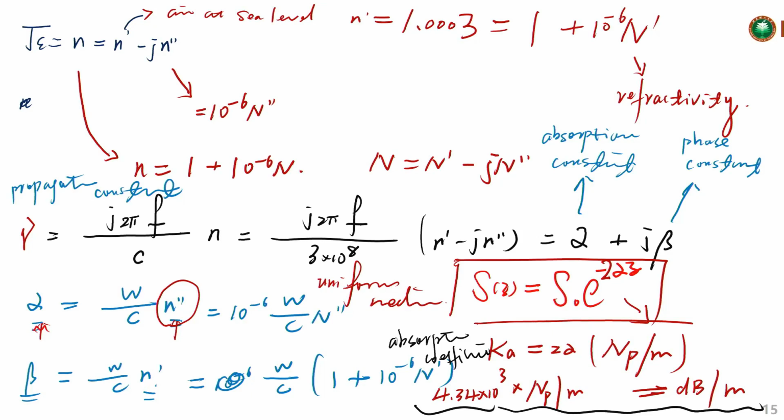Now we get the general expressions for the absorption by water vapor and oxygen. The total power loss by the atmosphere, kappa a, we transfer to kappa g. It is mostly due to H2O, water vapor, plus oxygen.